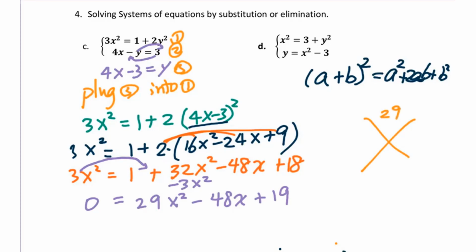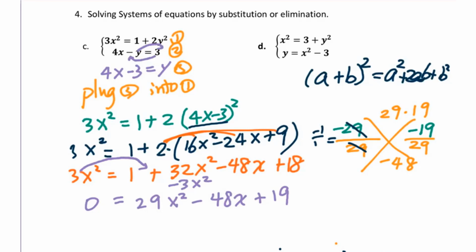29 times 19. This part is negative 48. That's negative 29, negative 19. So you reduce, get negative 1, 1.